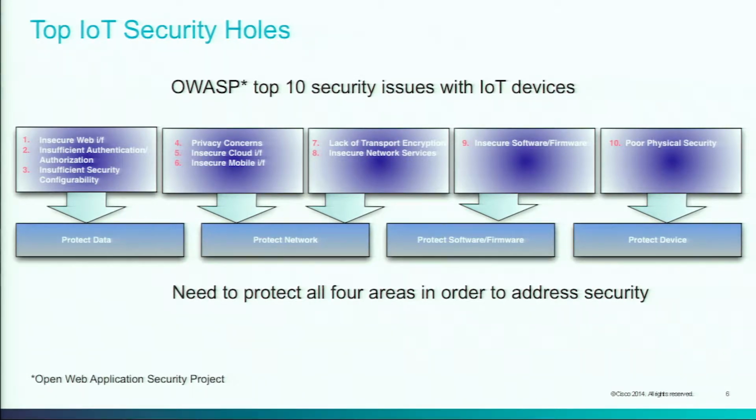And the 4 areas that need to be protected are the data, the network, the device, and the hardware and software and firmware infrastructure. Any of those once compromised can compromise the entire system.